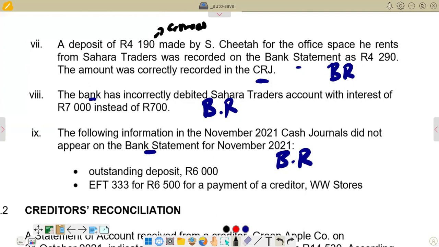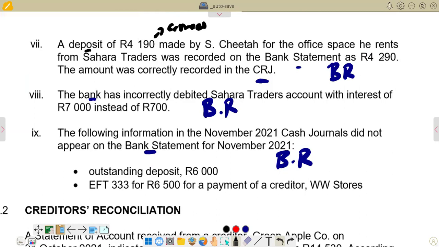Remember, this is a deposit, so it's supposed to go to the credit side of the bank statement. Whenever money is getting into a bank account, it's credited on the bank statement. But when it's going out of the bank account, it's debited on the bank statement. In this case, it's a deposit, money getting into the account, so we are supposed to credit 4,190, but it was credited with 4,290, the bigger figure.